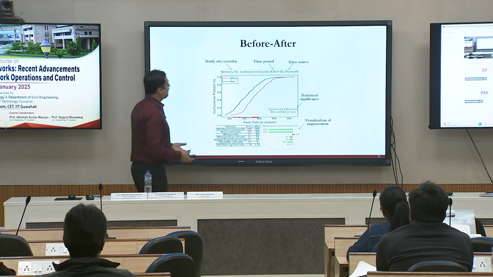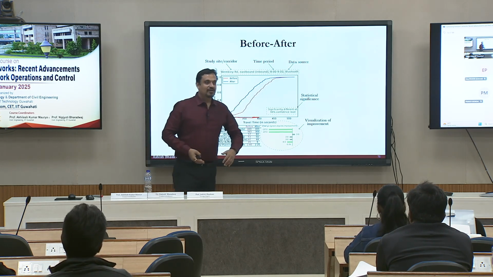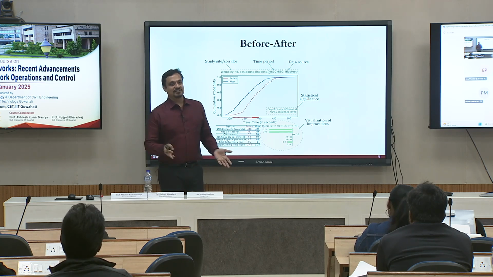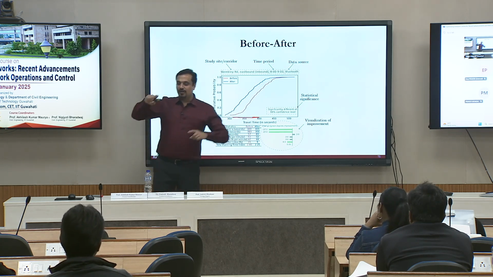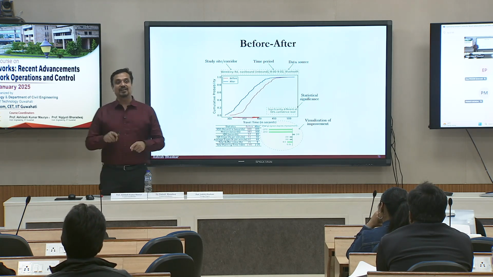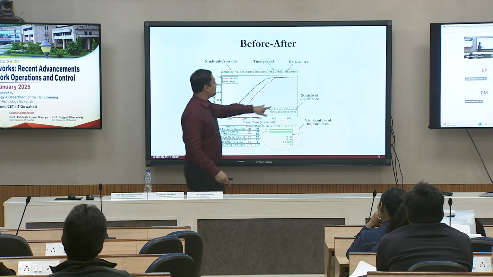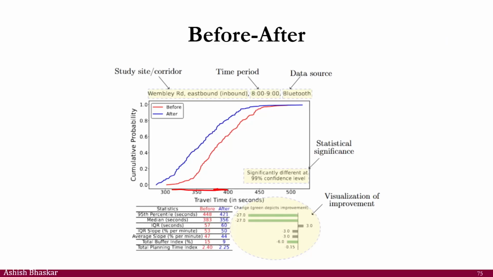Sometimes it might happen that things are just messed up because of various reasons. One of the errors which can be made easily, there is a reason why I mentioned the Bluetooth here. If the before survey was done using, let's say, floating car based, and after it is done using Bluetooth, there are two separate ways of observing.